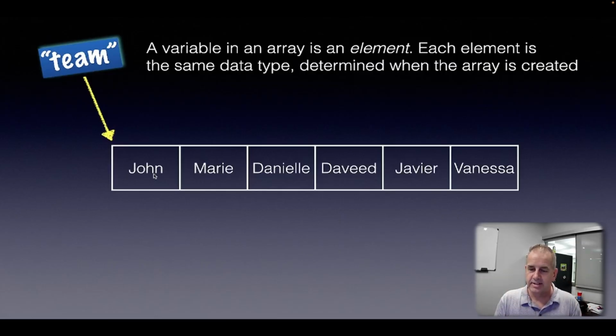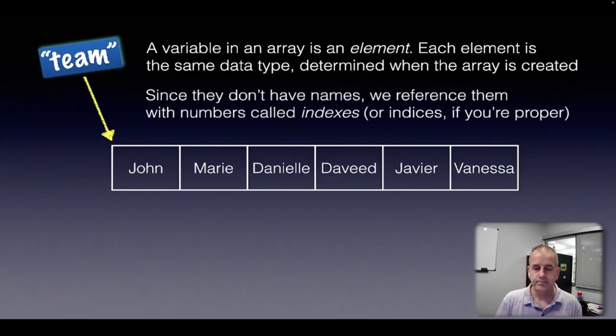So you have to set up all of that when you first create your array. So this array has 6 elements. Each one is a name. We probably are going to think of that as like a string, right? And our identifier here, team, refers to the whole array, not to an individual variable within that array.